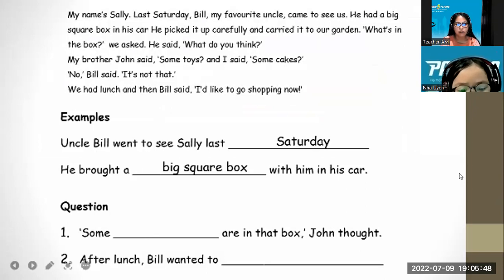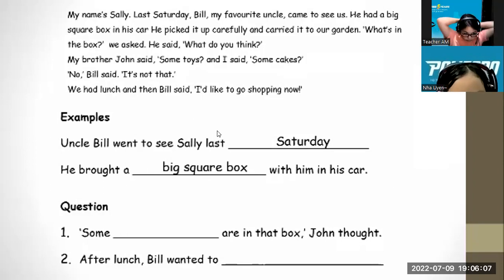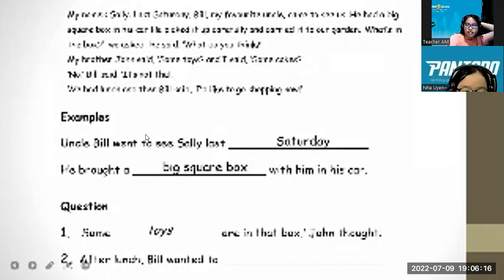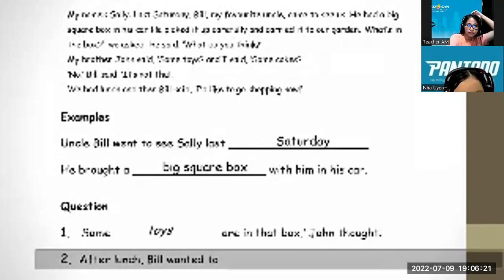Some cakes. Okay, this one is: some toys are in that box, John thought. How about number 2?